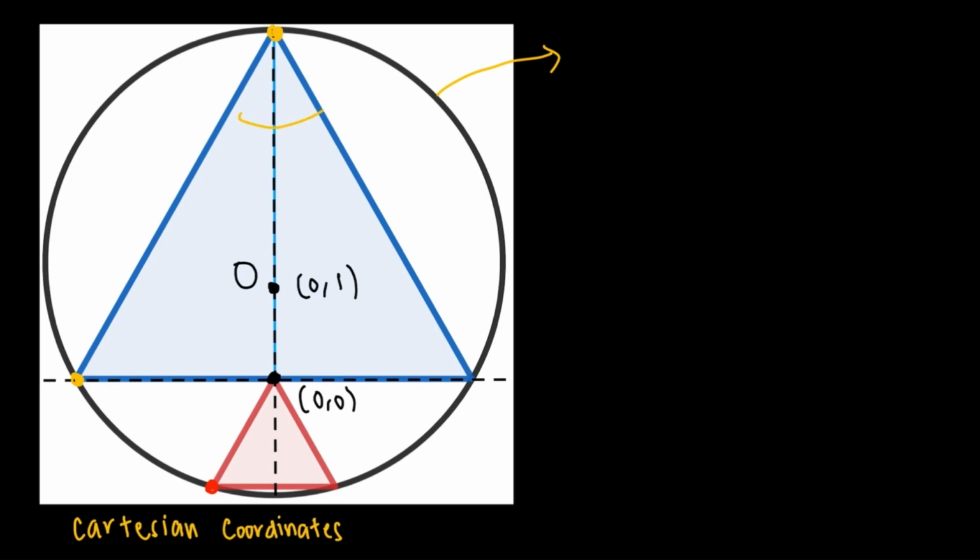We know this entire angle is 60 degrees, so this would be half of 60 degrees, and because of the axis of symmetry in the middle, these would both be 30 as well. Essentially, I have two parallel lines: the blue and the red segments are parallel, which is good in Cartesian coordinates because their slopes would be the same. That's going to make it a little easier for us to get some of the coordinates here.